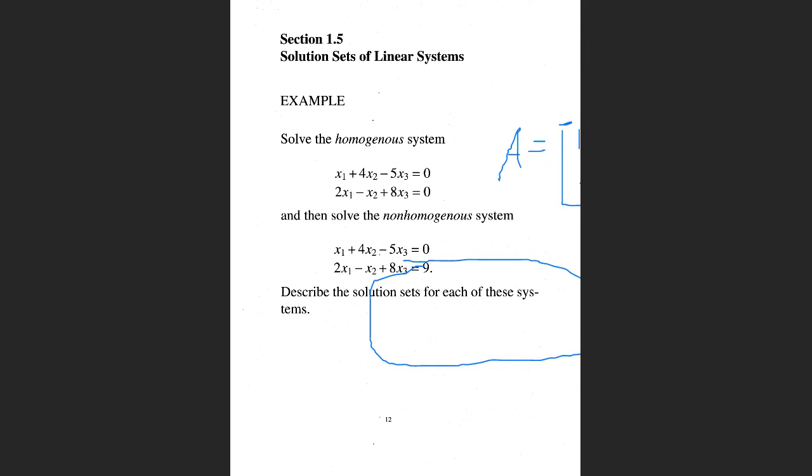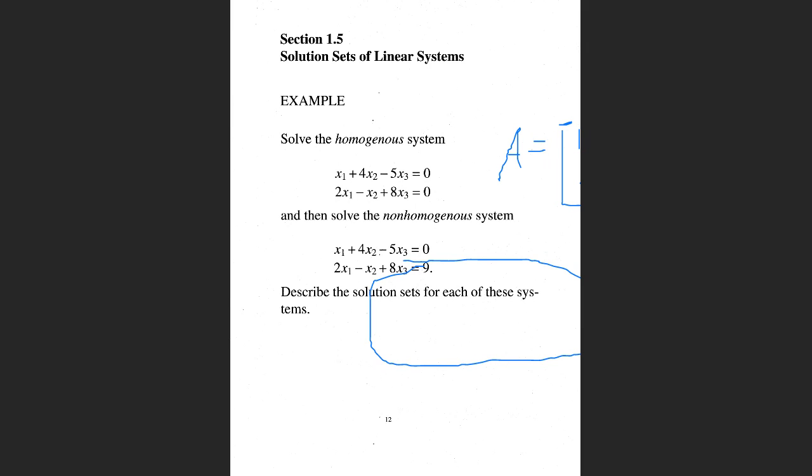Okay. And the vector x is x1, x2, and x3.